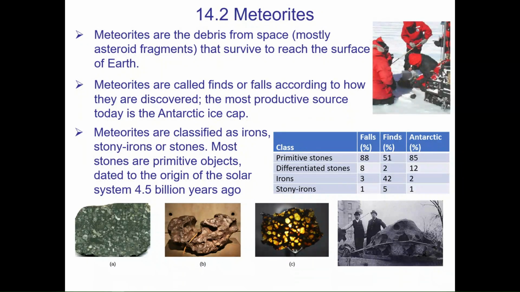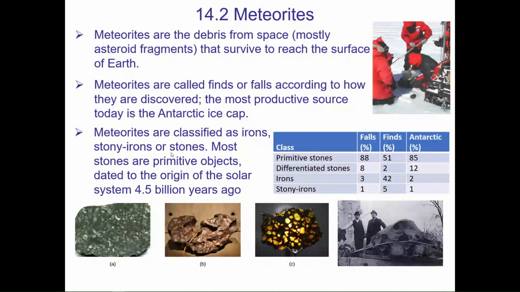And among those three types of meteorites, we believe most stony meteorites are primitive objects. If you remember, iron was produced when objects started to undergo what we call differentiation, so the heavier material sank down to the middle.